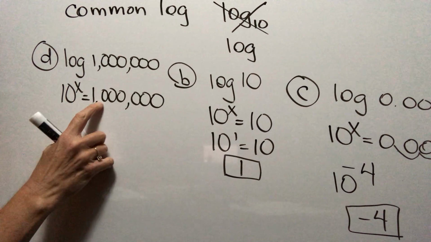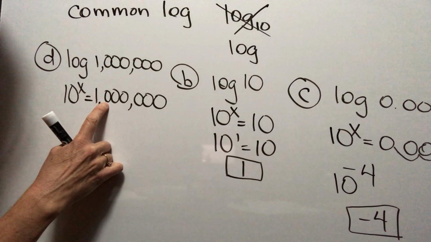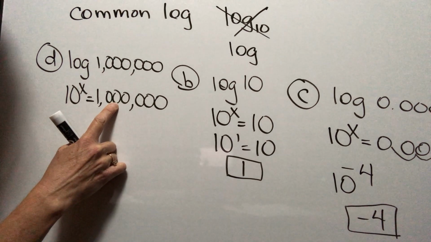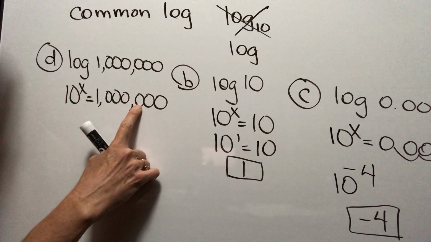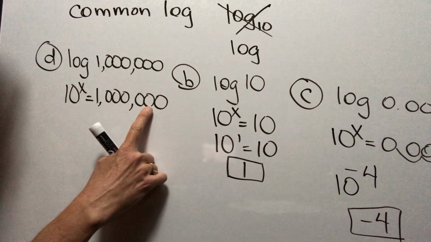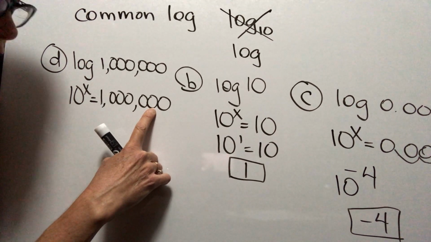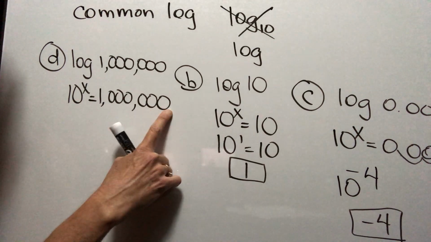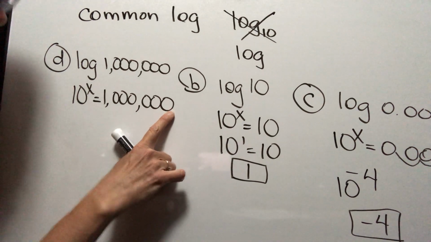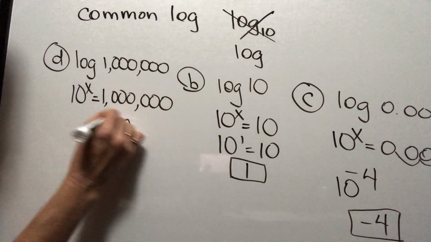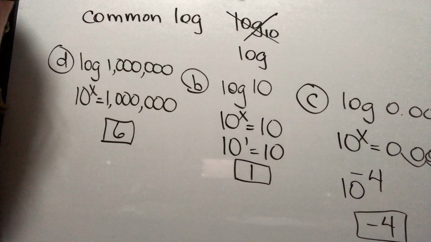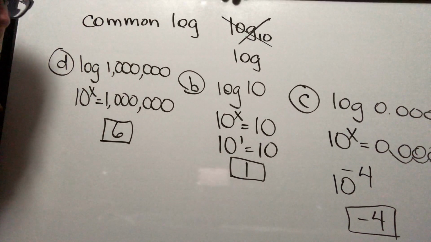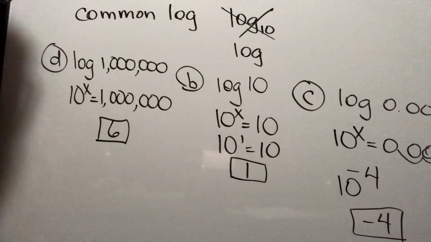Well, just think about this. 10 to the first power would be 10. 10 squared would be 100. 10 cubed would be 1,000. 10 to the fourth would be 10,000. 10 to the fifth would be 100,000. And then 10 to the sixth will be 1 million. So your answer is just 6. That's how you would do common logs with a base of 10 without a calculator.